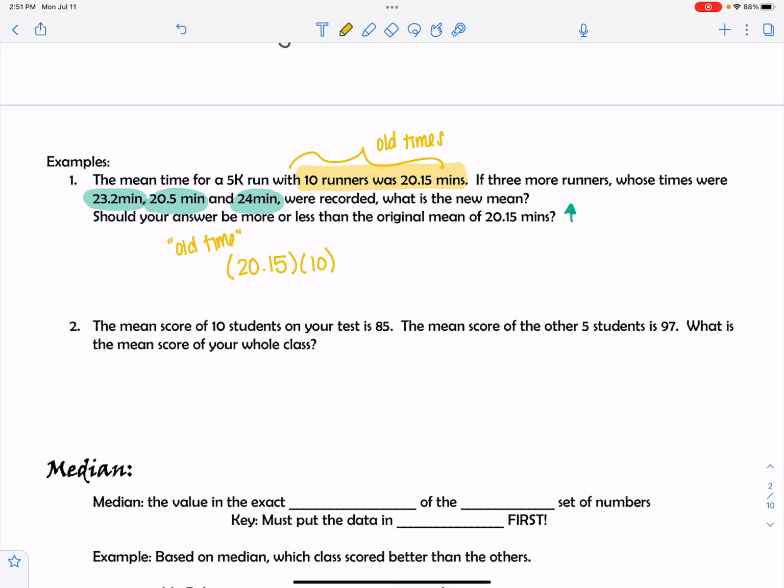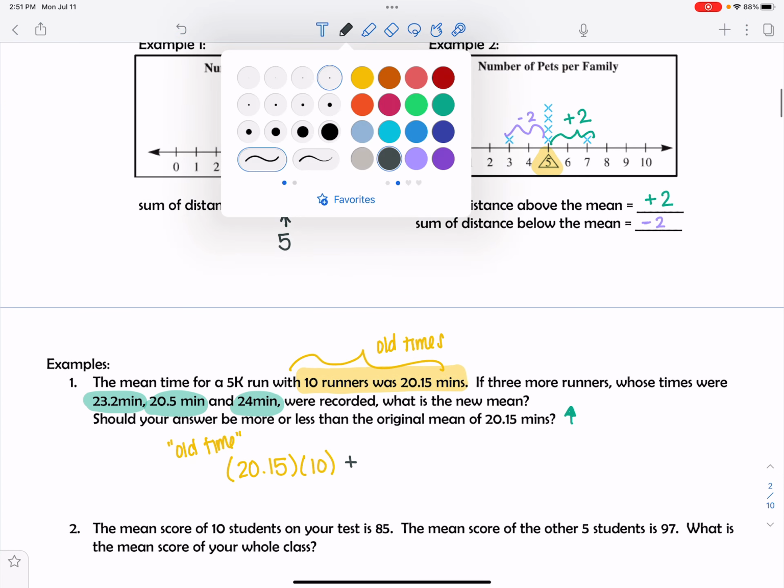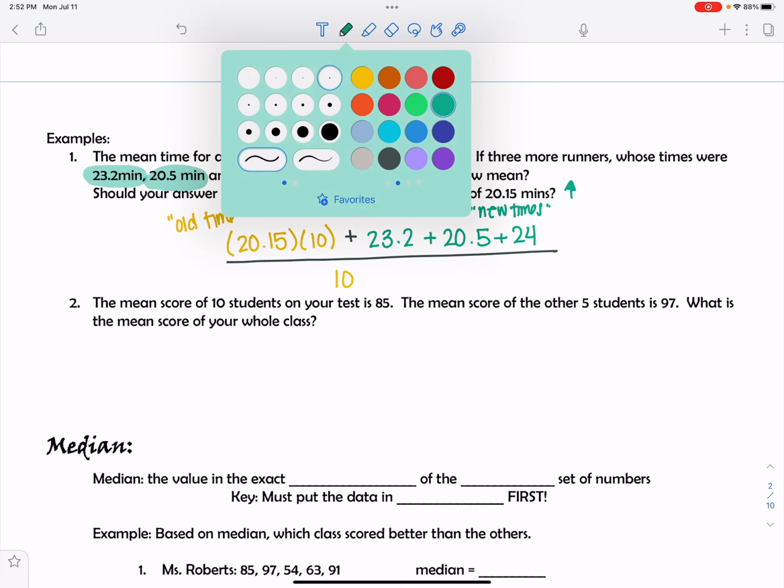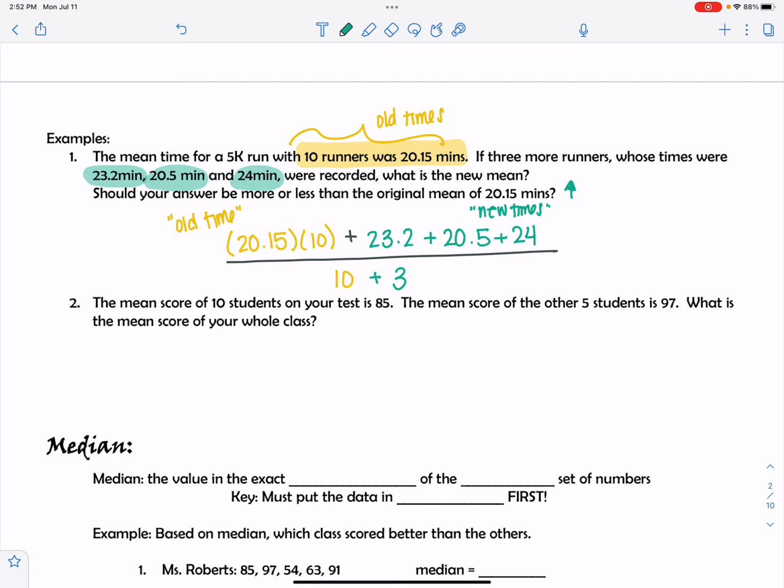So I have to multiply that 20.15 by 10, and then I can add in the new times: the 23.2, the 20.5, and the 24. And then divide by the total. From the old times, I had 10, and then I added in 3 more times, so now I have a total of 13 on the bottom.